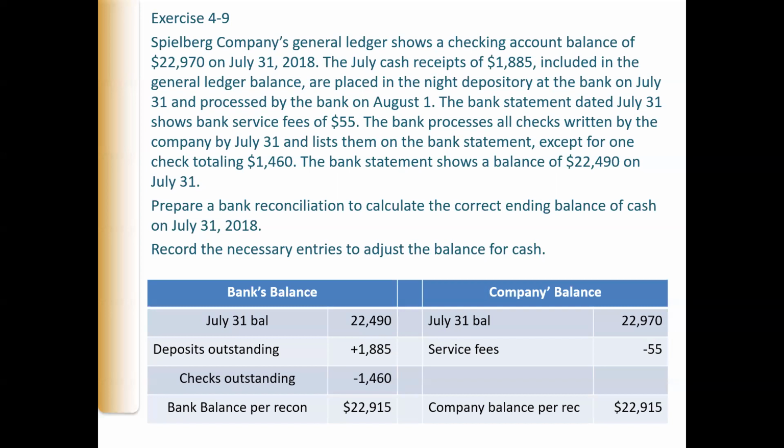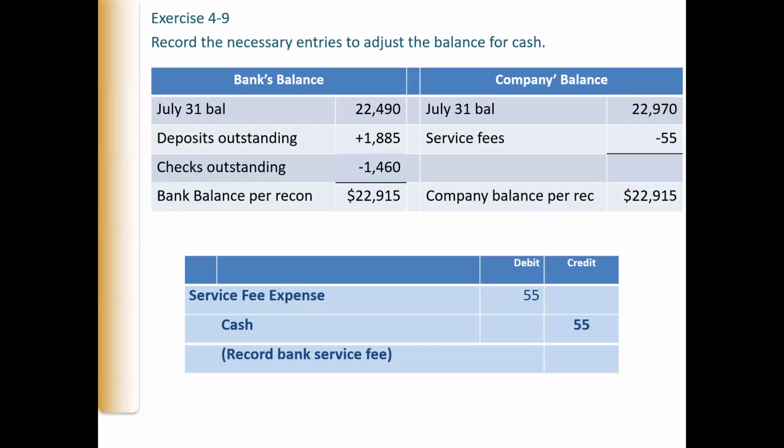You will always balance. Then we have to record journal entries only on the company side, not the bank side. We don't care about the bank. The company's records, anything we add to the company, we need to record. So we show the service fee expense of $55 and we credit our cash.